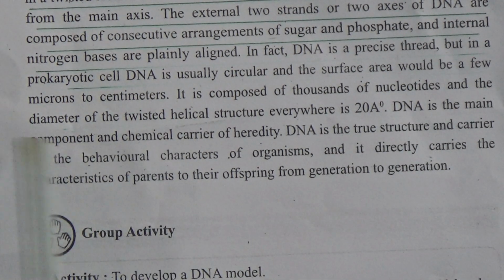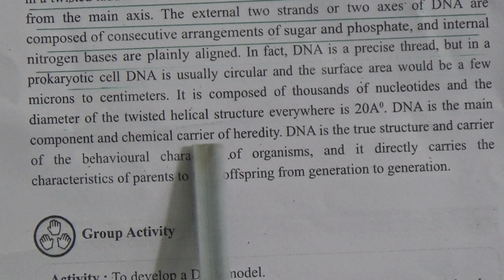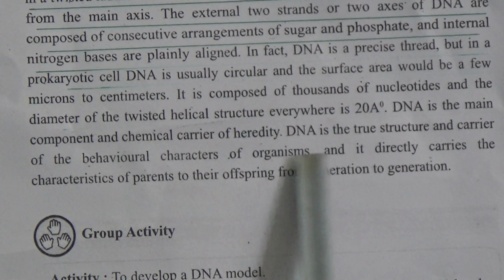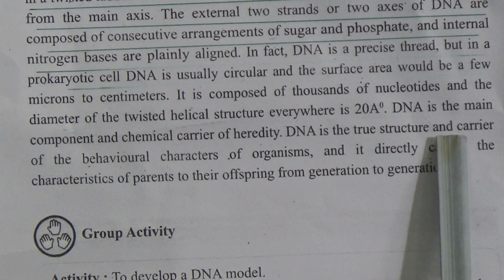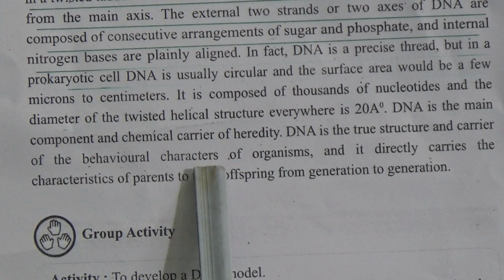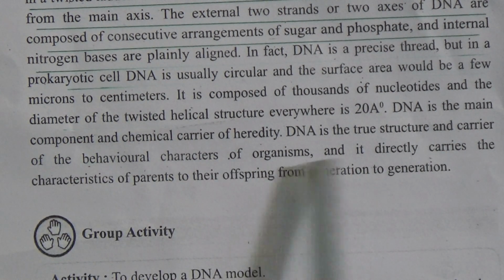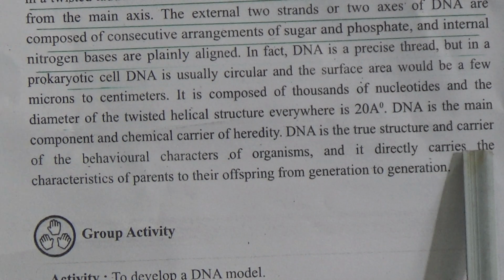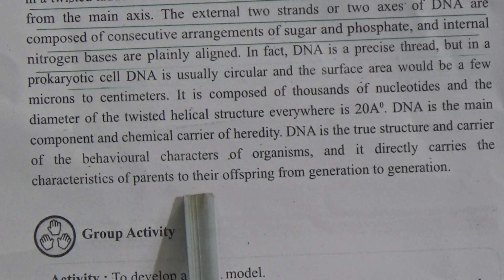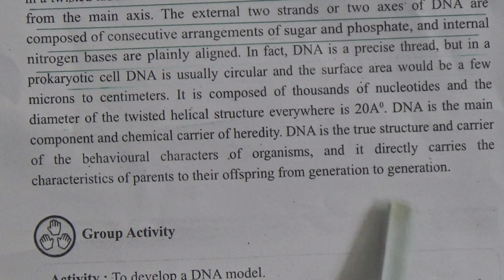DNA is the main component and chemical carrier of heredity, and it is the true carrier of the behavioral characters of organisms, and it directly carries the characteristics of parents to their offspring from generation to generation.